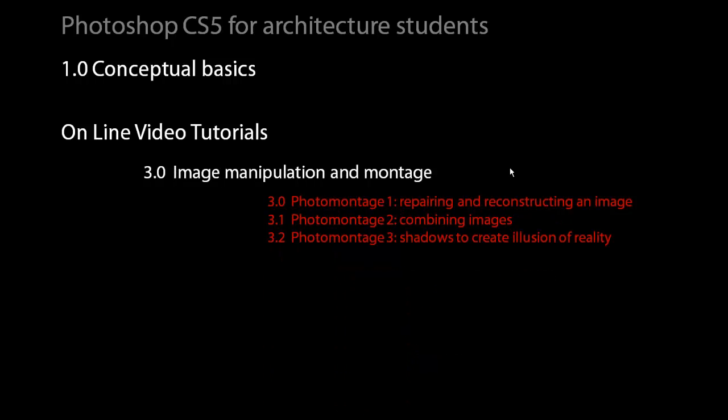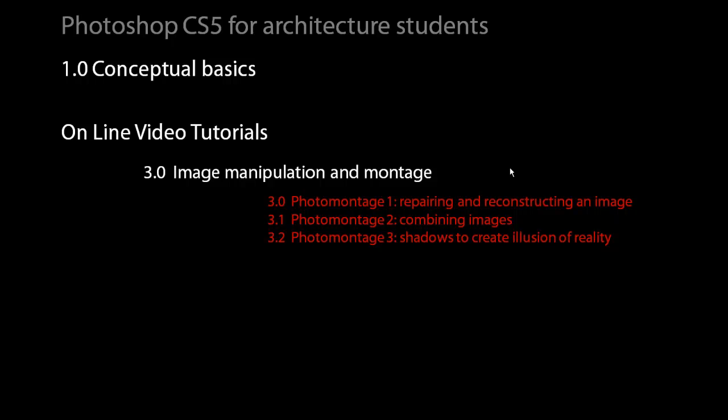In the third section, we will be looking at image manipulation and photo montage. These are important in creating contextual imagery for our presentations, as well as looking at ways to combine digital imagery from varied sources, including photos of models and images from computer models.